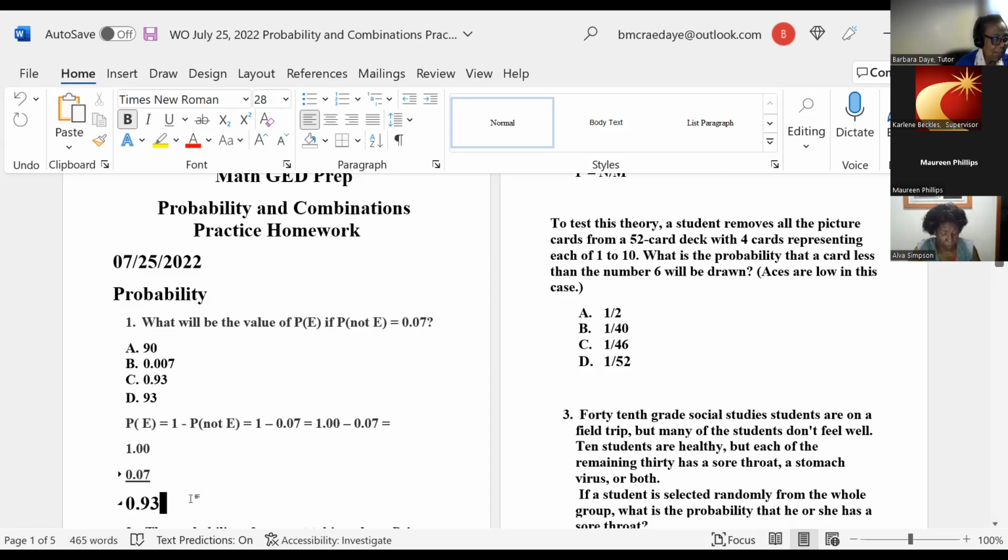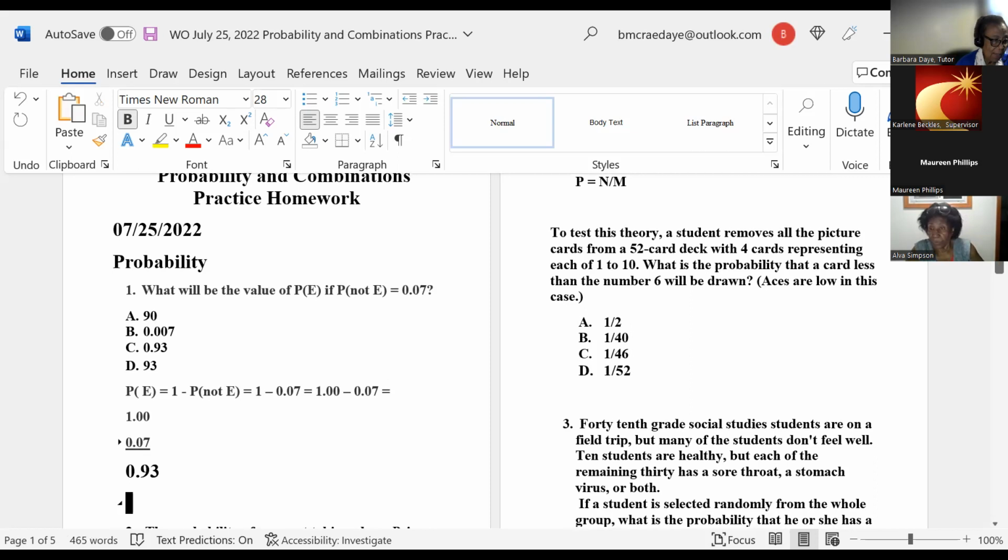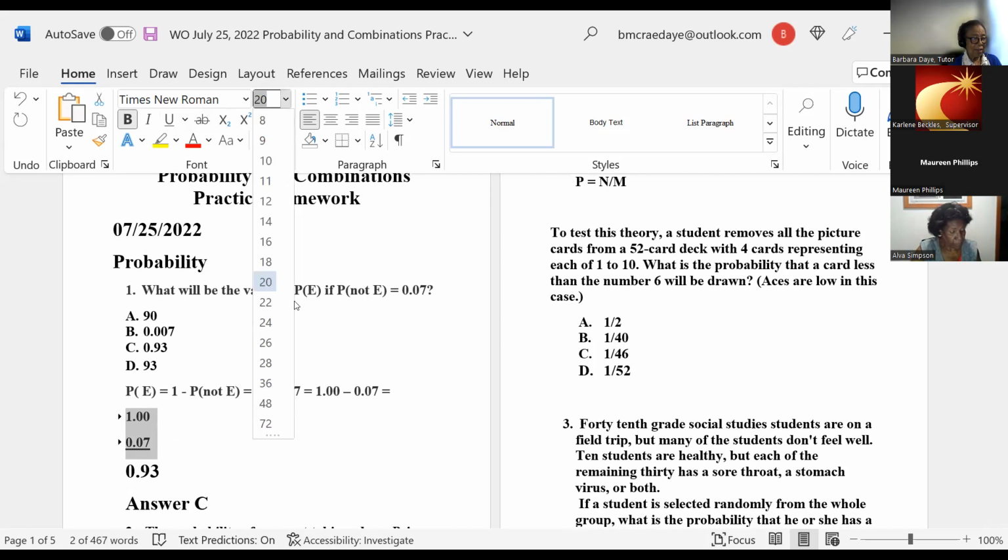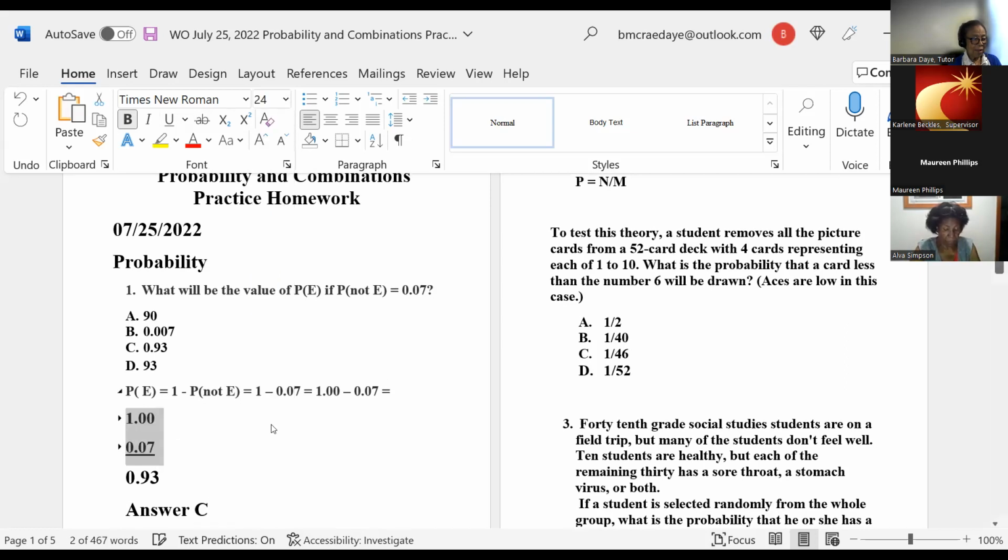And that would be answer what? That would be answer C. Answer C. Yes. There you go. All right. Let me make that just as big so it doesn't look like it's out of line. Okay.